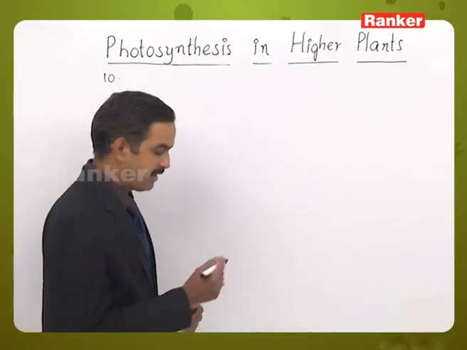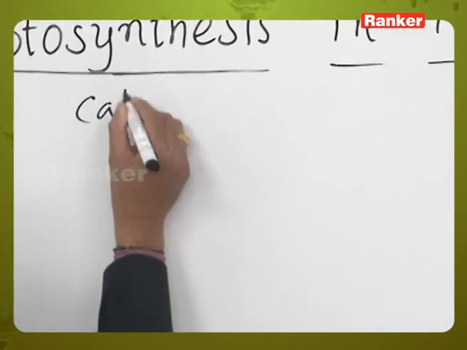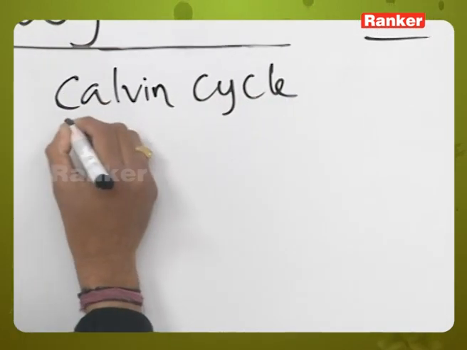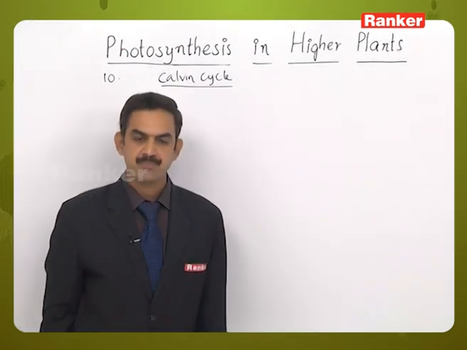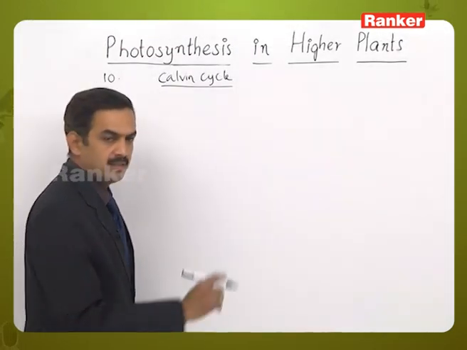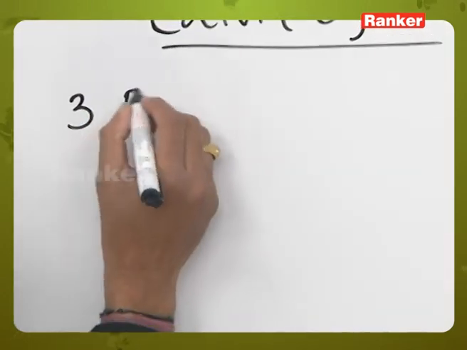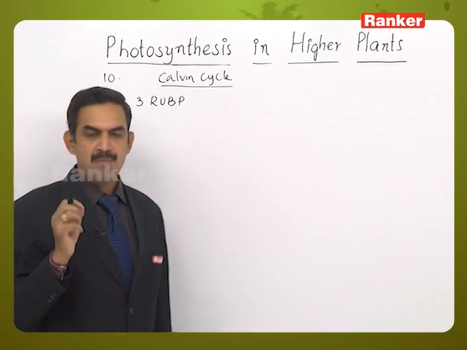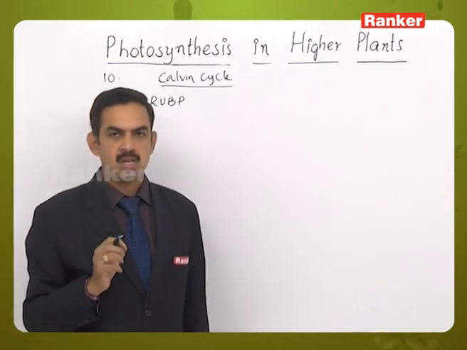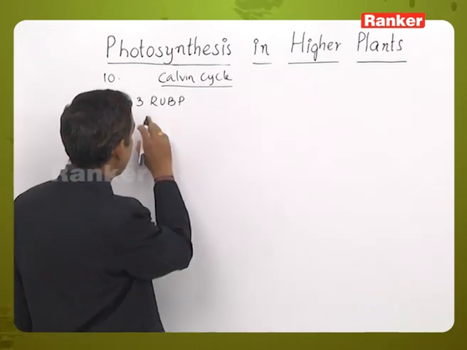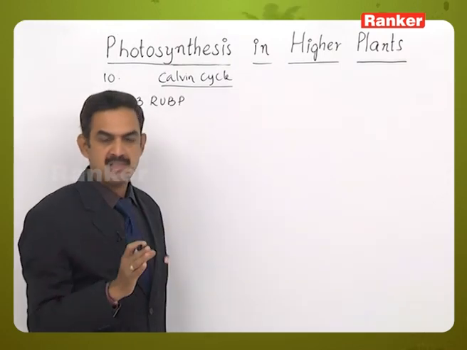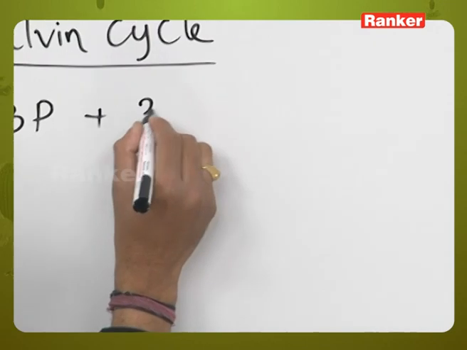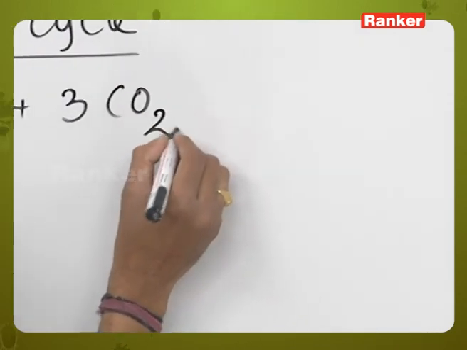So here this is related to the Calvin cycle, that is the C3 cycle, where 3 RuBP molecules are participating, and one RuBP molecule will accept one carbon dioxide molecule. That means in all the given options it is taken as 3 RuBP molecules only. That means they will accept 3 carbon dioxide molecules.